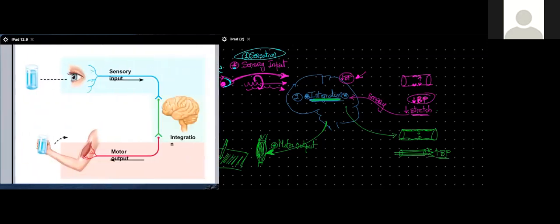All right, so again, three main functions on here for the nervous system: sensory input, my ability to detect that there is a change either in the external or internal environment. This is going to be detected and conducted to my central nervous system. This is where you're going to have the integration. The interpretation is going to be taking place in your central nervous system.